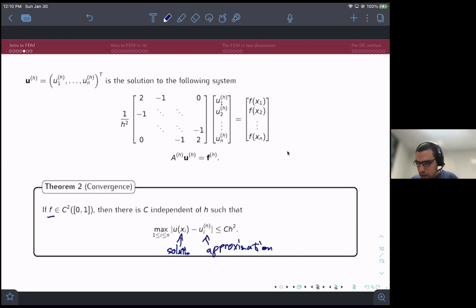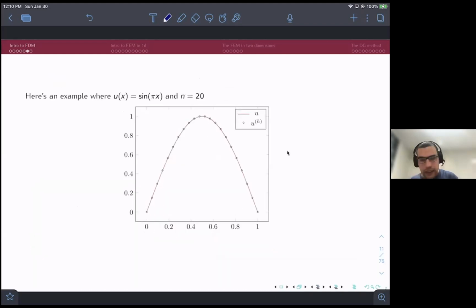Now, I could look at a simple example. Let's say an example where u is equal to sine pi x. And I would look at my approximation U_h, and I can look at my function u, and I can see that my approximation is doing a good job with 20 points. Remember that we can make n equal to 1,000,000.